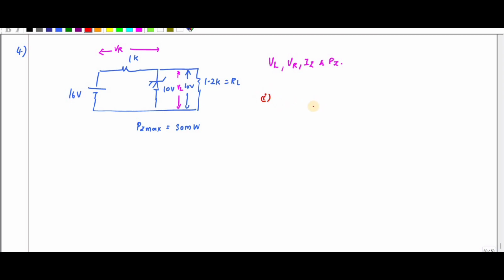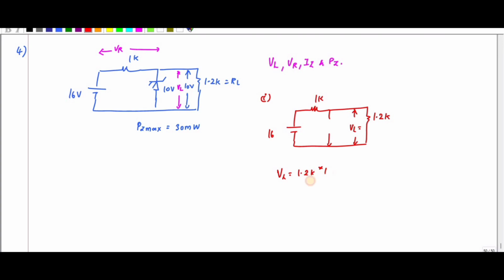So first condition, what we have to do is open circuit this Zener diode. So if I open circuit this Zener diode, the voltage across this one is VL, right? So what is the voltage across this one?